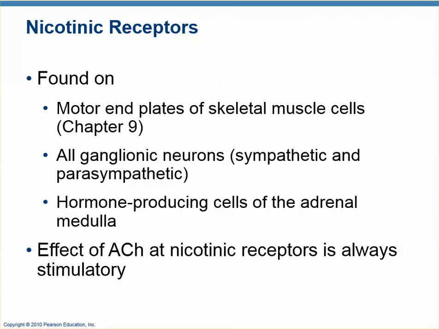So nicotinic receptors affect skeletal muscles, and all of the postganglionic neurons have receptors in the ganglion, and the hormone-producing cells of the adrenal medulla. So it's stimulatory.